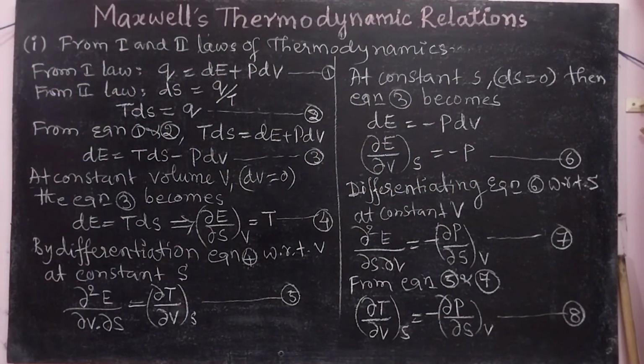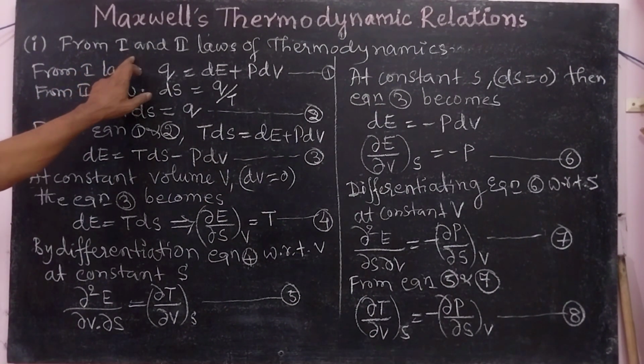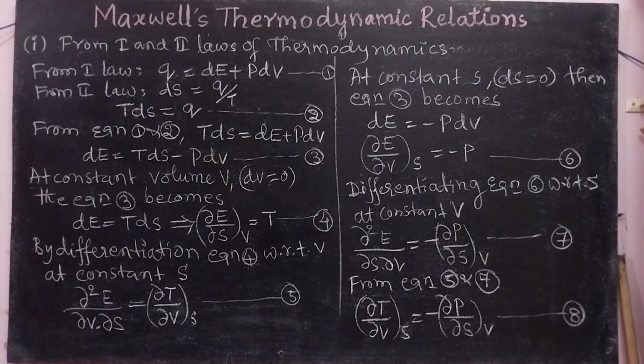Equation 8 gives the relation between temperature, volume, pressure and entropy, which was derived from the first law and second law of thermodynamics.